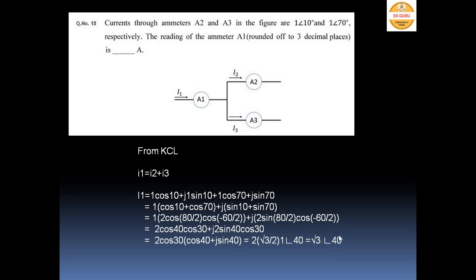Finally, root 3 at an angle 40, that is the I1 value. The reading of the ammeter is asked, and it is root 3, that is 1.732. So these two problems were asked in the GATE 2020 electrical engineering paper in 1 mark network theory. Thank you for your time.